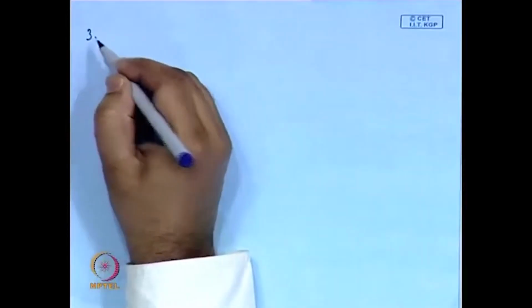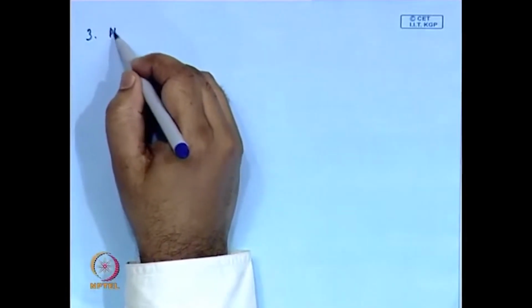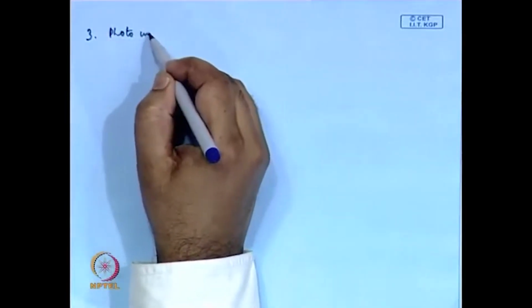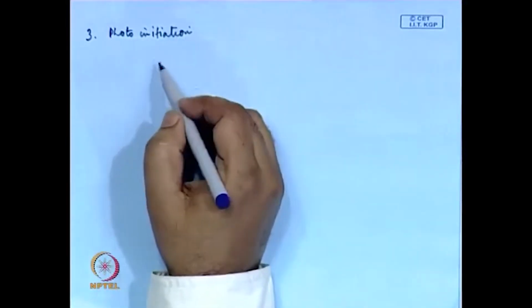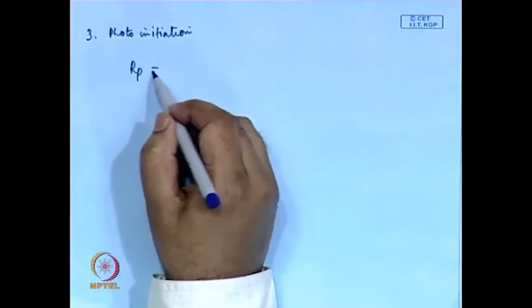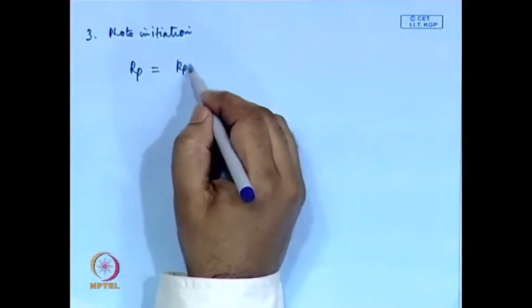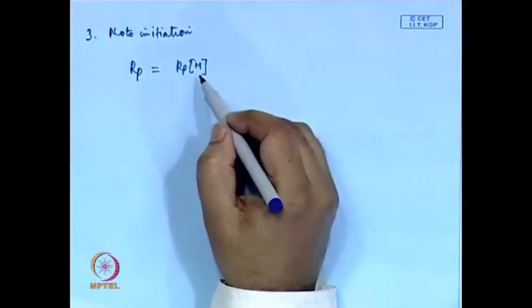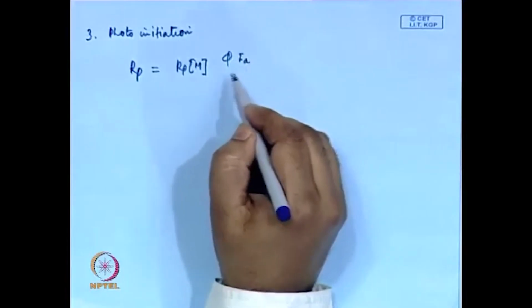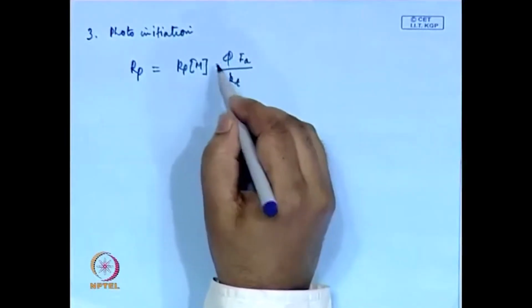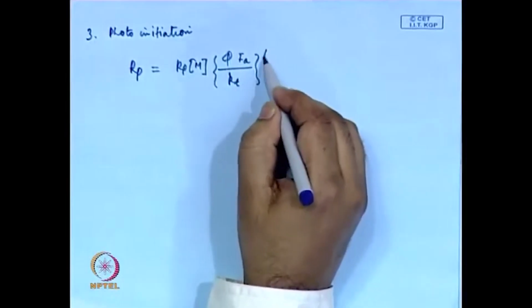Now let us talk about the third type of initiation, which is photo initiation or photochemical reactions. We know from our earlier lectures that it gives you phi I_A, K_t to the power half.